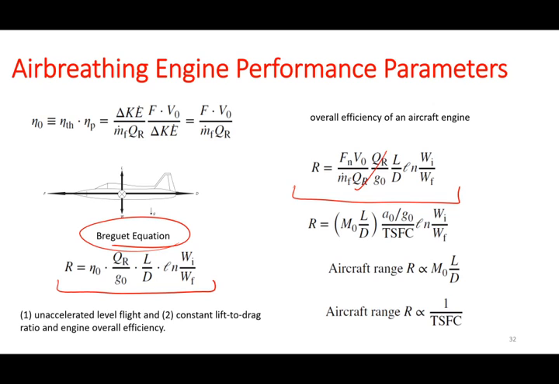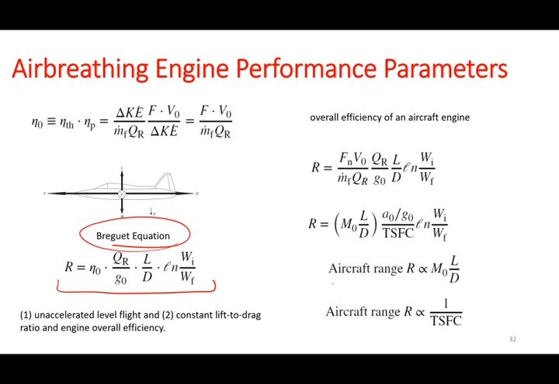And the lift to drag ratio, natural log of the weights, the initial and the final weight, right? Eventually, you can get this equation that relates the range to the Mach number, the flight speed, the lift to drag ratio, the speed of sound, and the gravitational acceleration, and TSFC, that's the thrust specific fuel consumption, times the natural log of Wi over Wf.